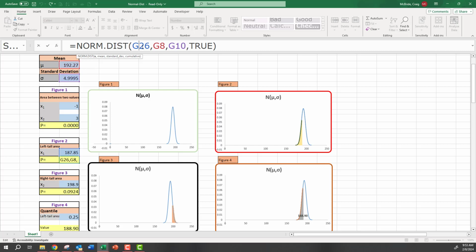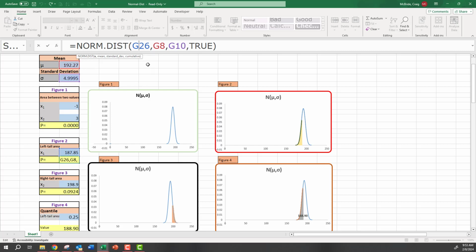I have this set up as a recurring formula where I don't type numbers in here. I type locations, and then all I do is change the values in those three locations. You can see that this cell, this cell, and this cell are highlighted, because those are the three that the formula is using. And if I change those, then it automatically changes my answer here in this space. It just saves me time.